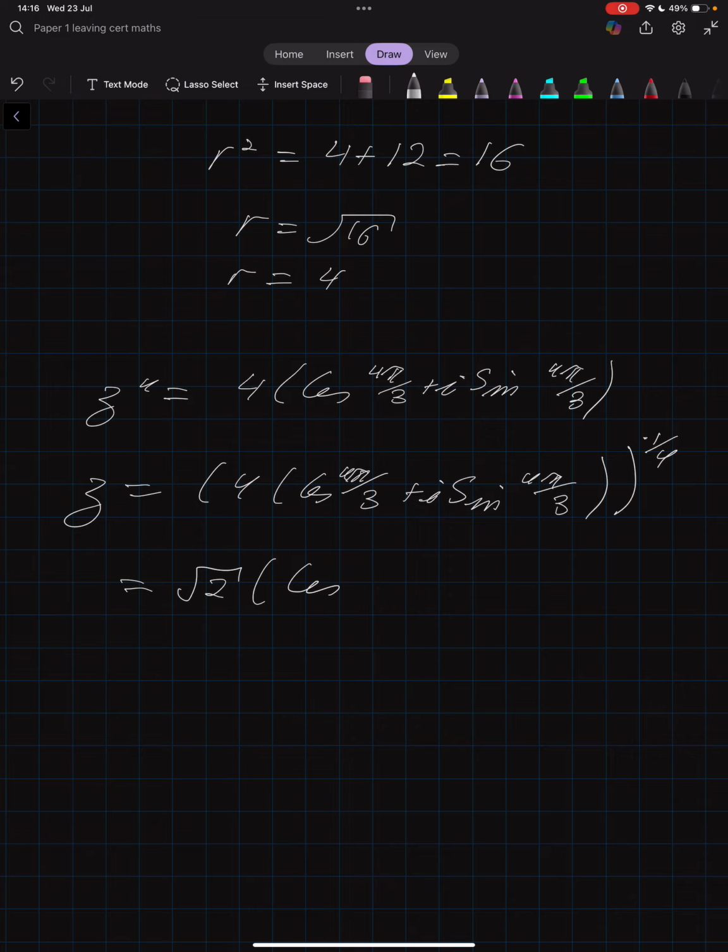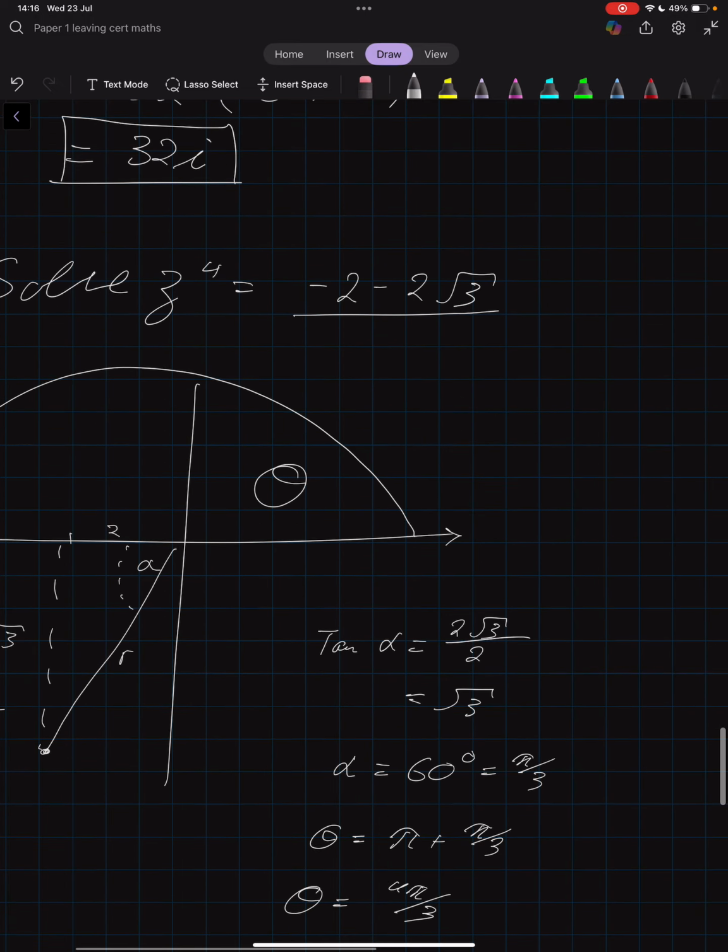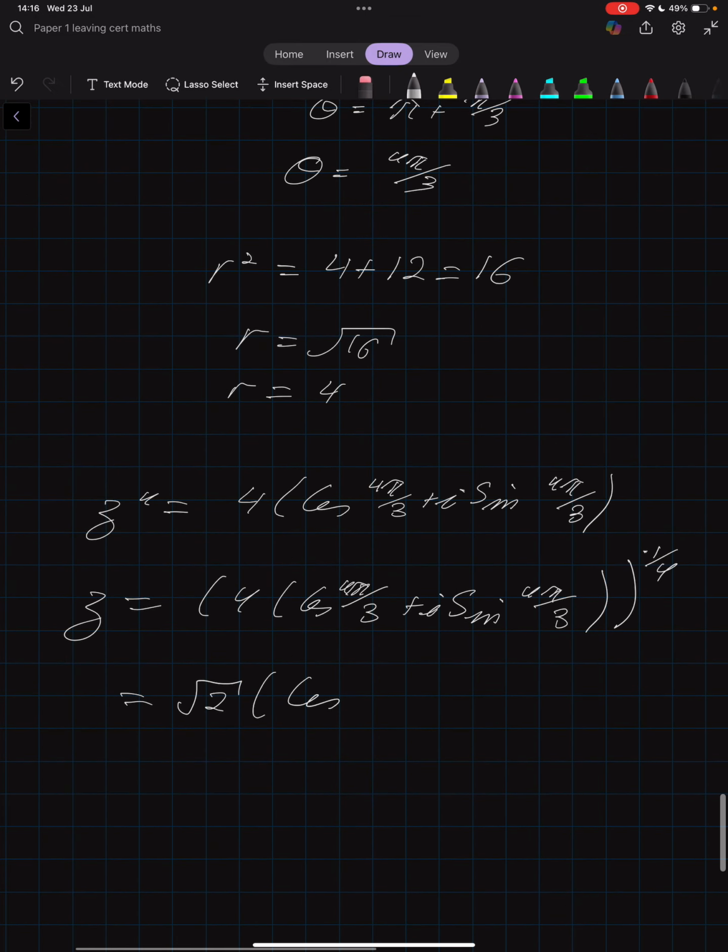Now you multiply it into the angles. So remember back up in De Moivre's theorem, you multiply by the angle and then you do the length to the power. So it's 4 to the power of a quarter is root 2. A quarter times 4 pi over 3 is just pi over 3. So that's z. That's z1.